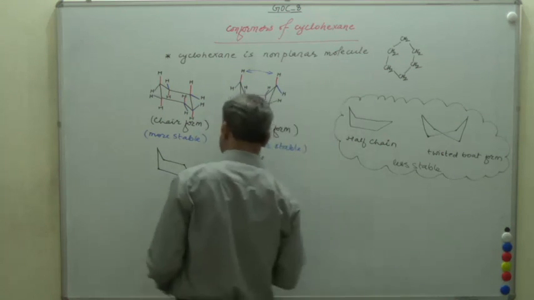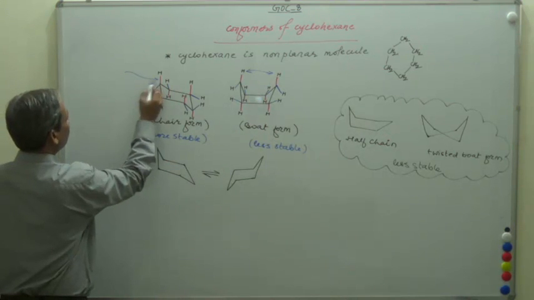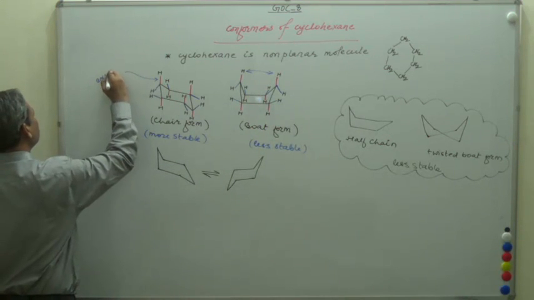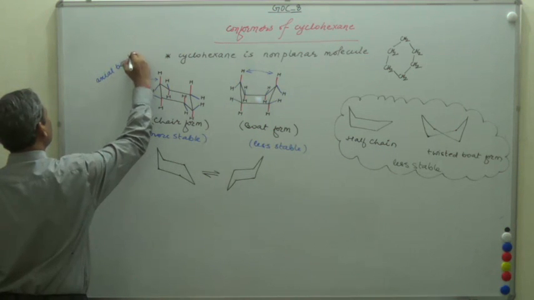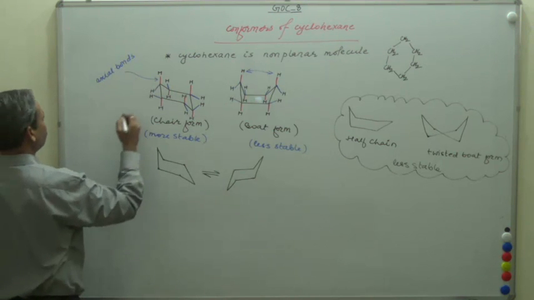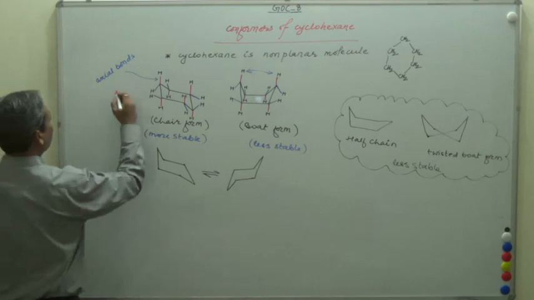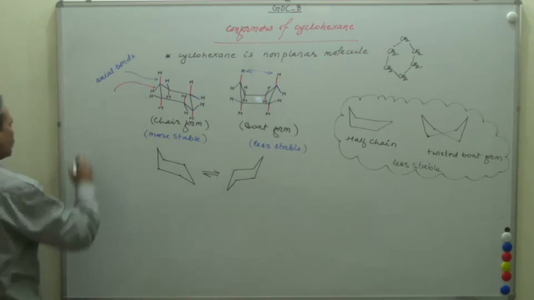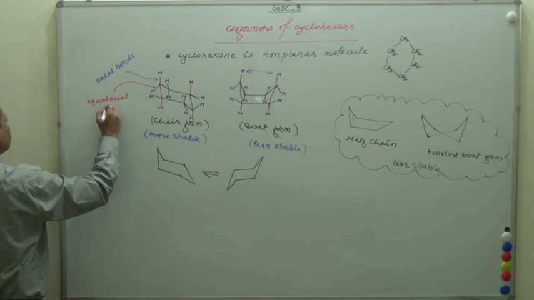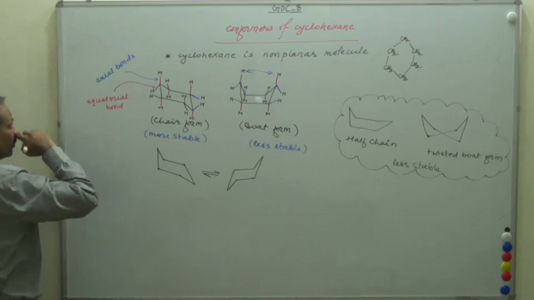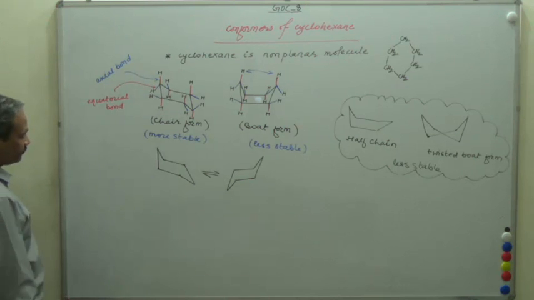And remember that all bonds represented by red lines are axial bonds, and all which are represented by blue lines are equatorial bonds. So this is the axial bond and this is the equatorial bond.